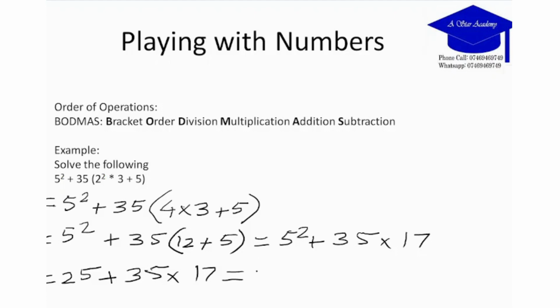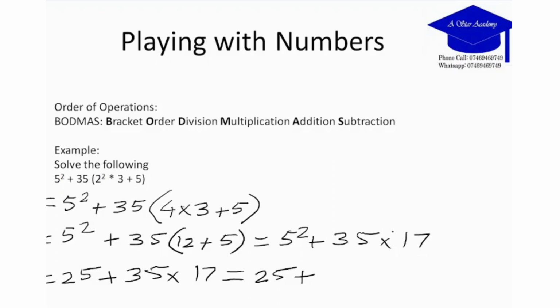Again multiplication first as per the rule above. Before addition we'll do multiplication. So it is 25 plus 35 into 17. So 35 into 17 is equal to 595.